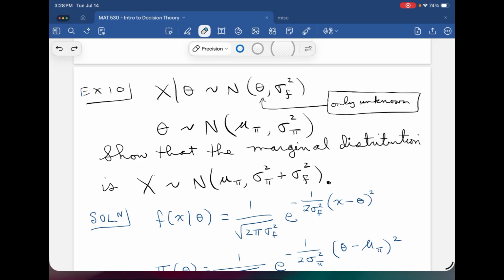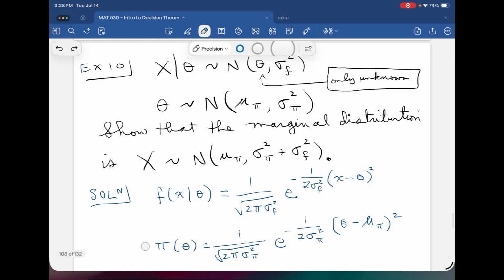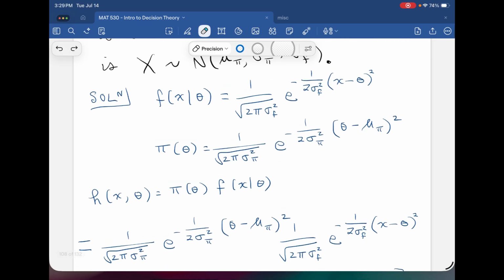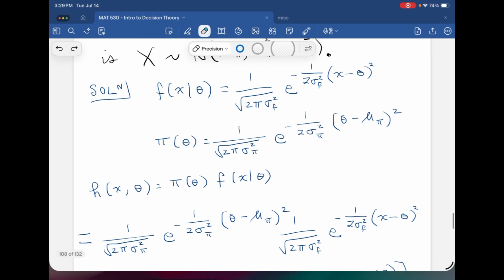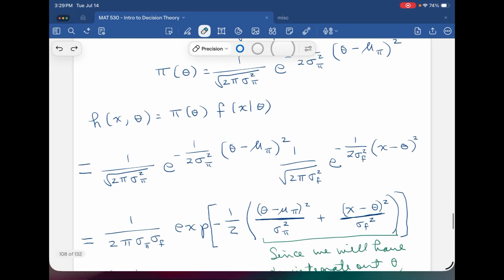So for the solution, we first want to write out the density of x given theta, which we typically denote with an f. And then the prior distribution is that normal as indicated earlier. And now we need to multiply these two, and that'll give us the joint distribution according to that formula, as we see there. And then doing a little algebra to combine things, we get this.